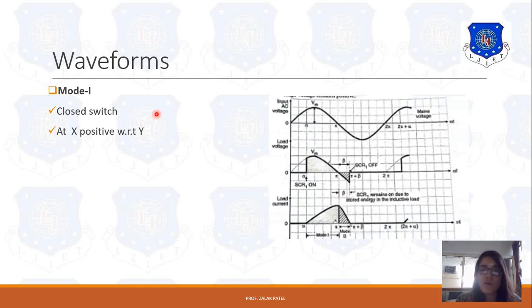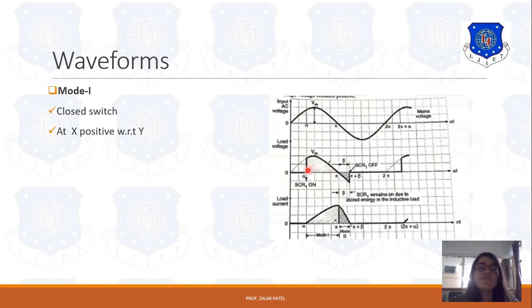Because X is positive with respect to Y, here you can see that this is our input AC voltage. Now please see the load voltage graph. Here mode 1 means you have to see the range from alpha to pi.